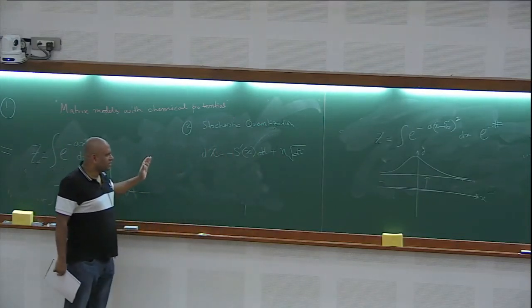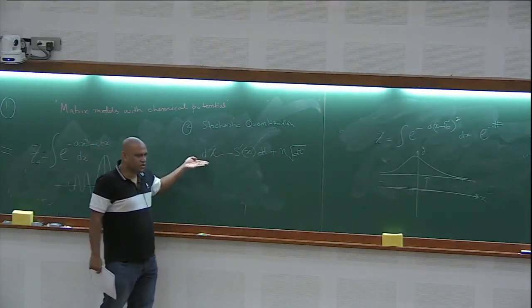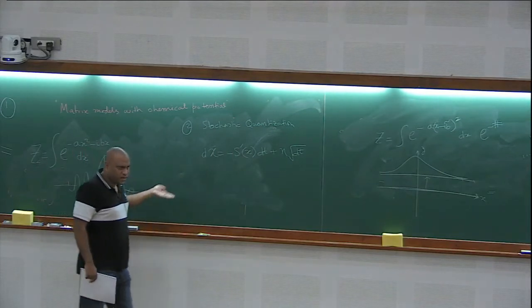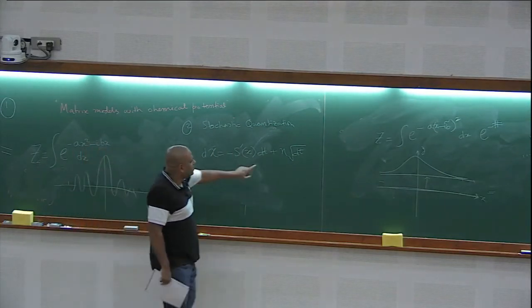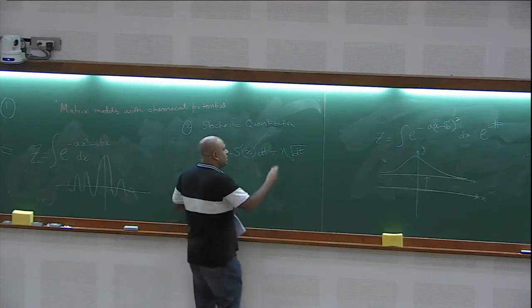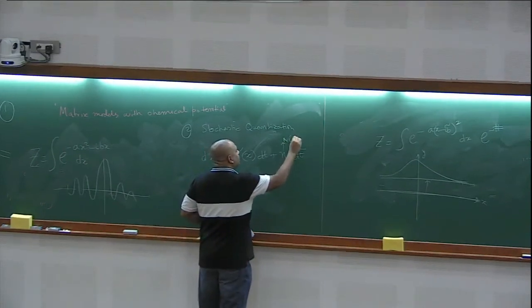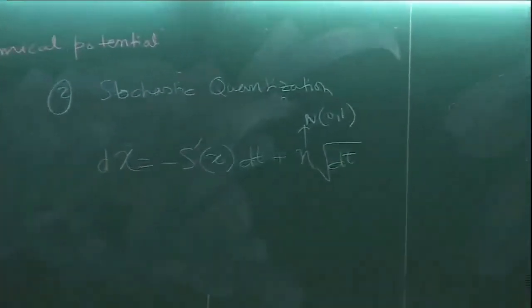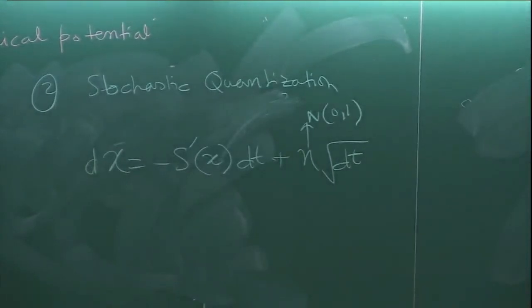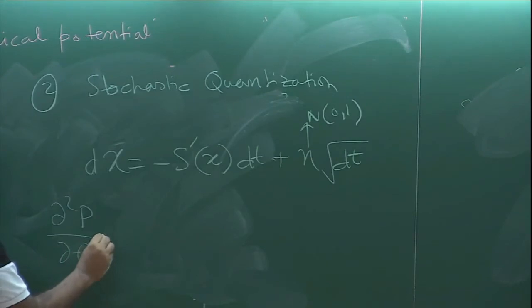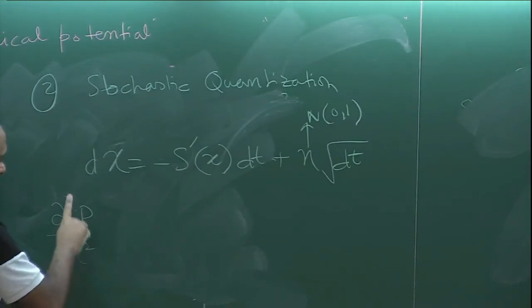Suppose I give you this equation, where this is a random normal 0-1 number. This is a stochastic differential equation, and for it there is a corresponding Fokker-Planck equation which says how the probabilities evolve with time.